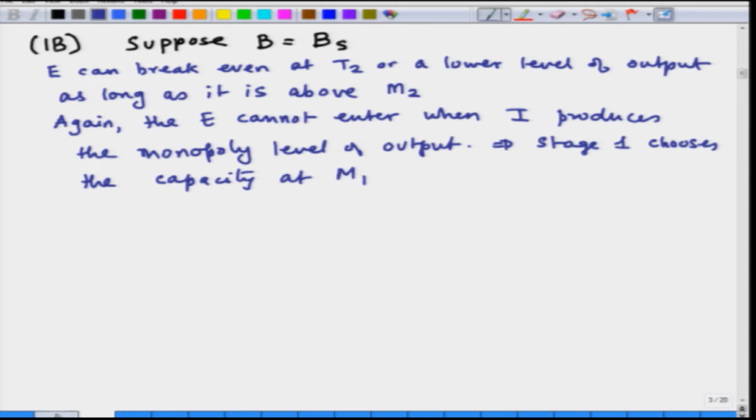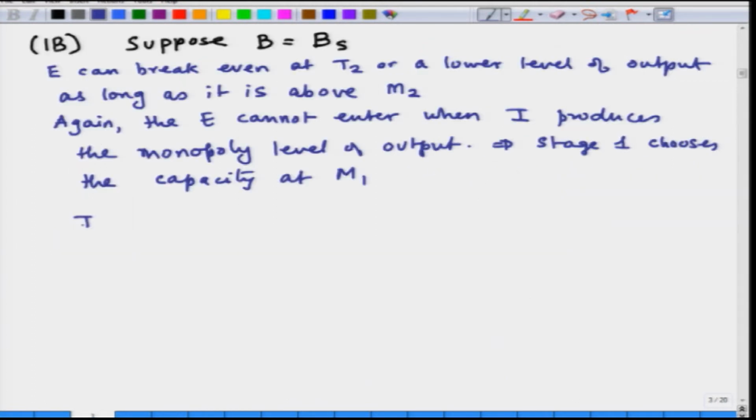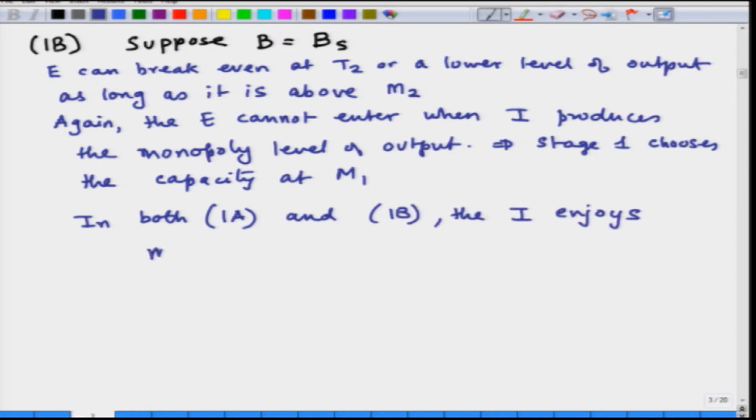We have looked at two possible situations, where B is at BL and B is at BS, and in both cases the incumbent chose a level of capacity equal to M1, produced the monopoly level of output, and was able to successfully prevent the entrant from entering. So, in both 1A and 1B, the incumbent enjoys monopoly profits.